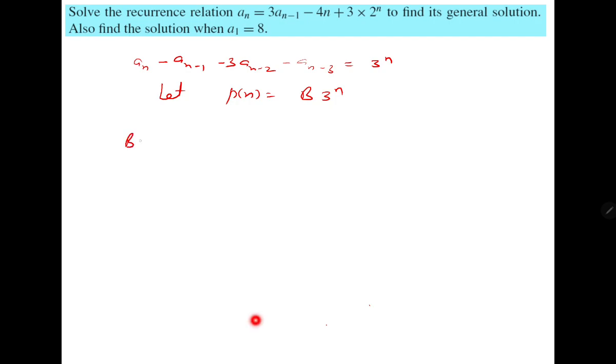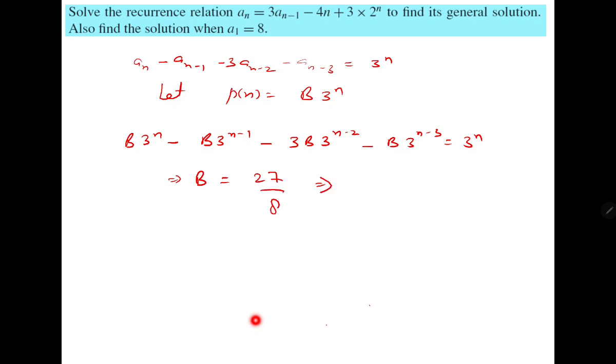If you substitute the values, b 3 raised to the power n minus b 3 raised to the power n minus 1 minus 3b 3 raised to the power n minus 2 minus b 3 raised to the power n minus 3 is 3 raised to the power n. Now you simply need to find the value of b. So b comes out to be 27 by 8. Try it by yourself. That gives you P_n is equal to 27 by 8 times 3 raised to the power n.